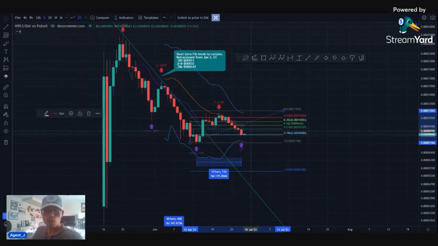We're probably going to consolidate for a little bit around this area over the next few days, maybe, because if you know anything about Fibonacci levels, you know that this 0.618 to 0.786 area is a great value area for investors, right? This is a great value area. So people have a habit of scooping up assets at these prices. So you could see why PulseChain respected this 0.786 level.